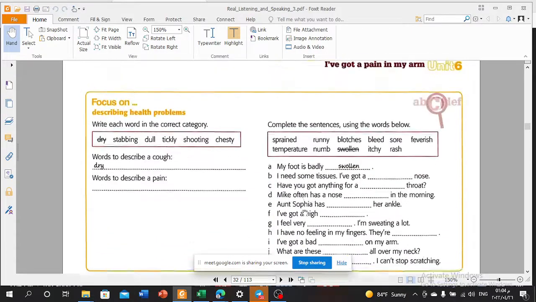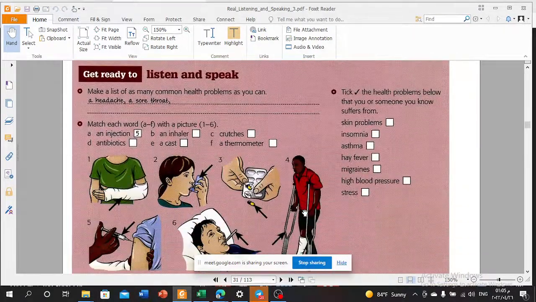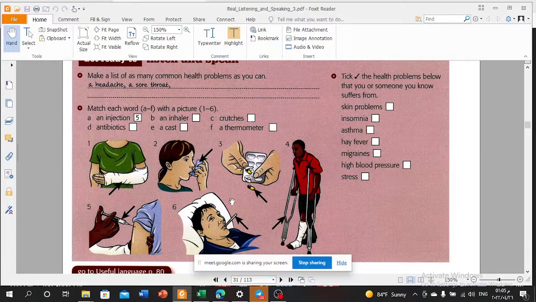Okay, so as we said, in chapter 6 we have these expressions related to health in the Get Ready To section, these two exercises.